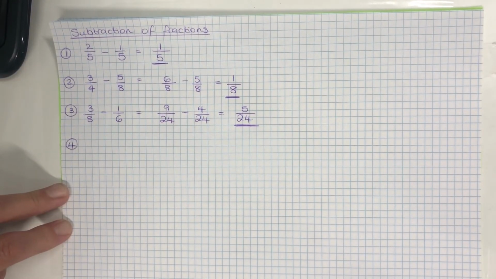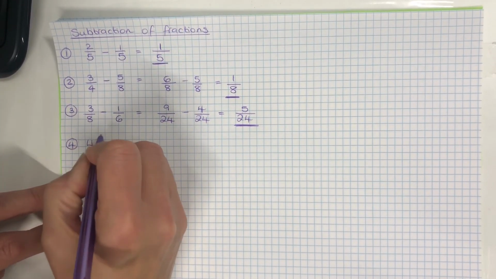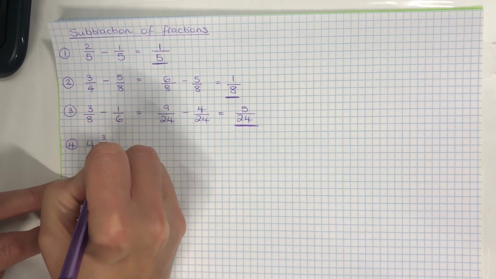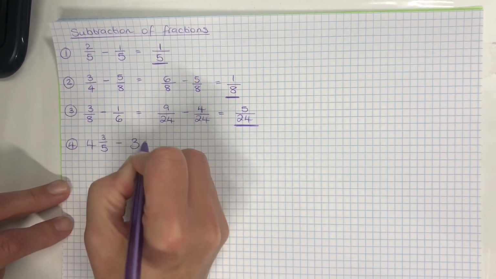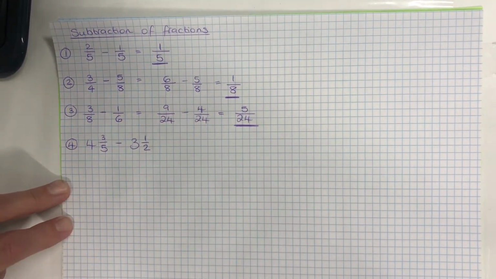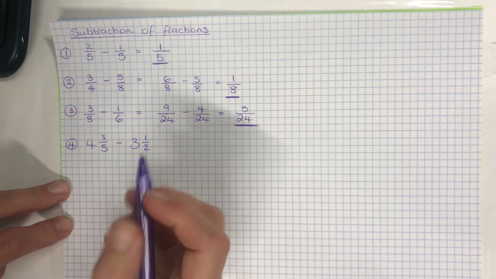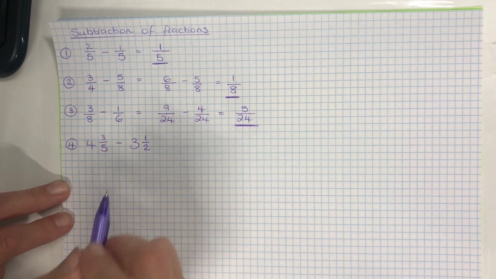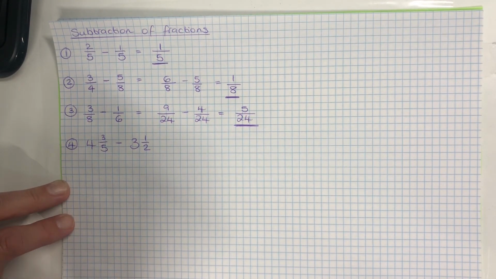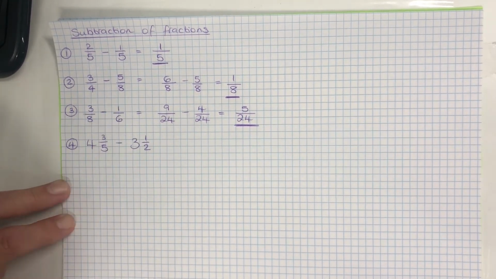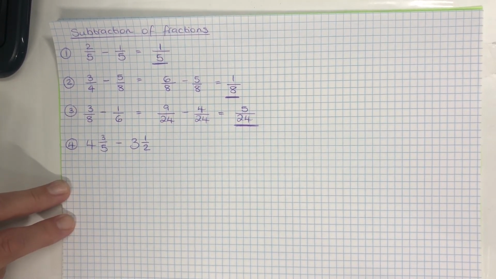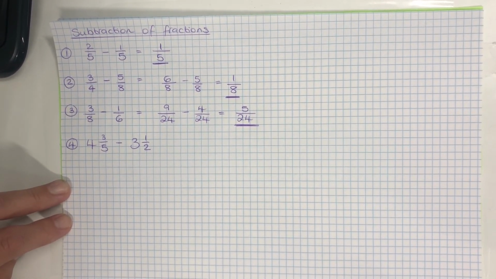Finally, when we look at mixed numbers, we have 4 and 3/5, and we're subtracting 3 and a half. Okay? Now, technically with this particular example, I can demonstrate it with two different methods, but it's safest if we just work with one method.